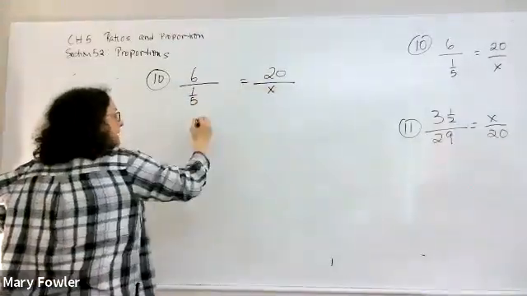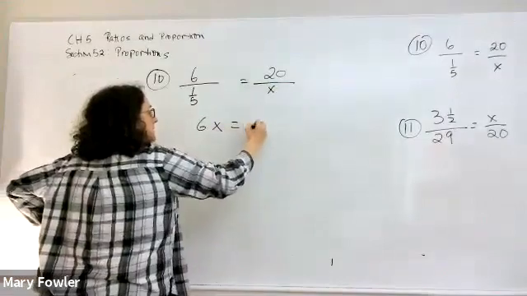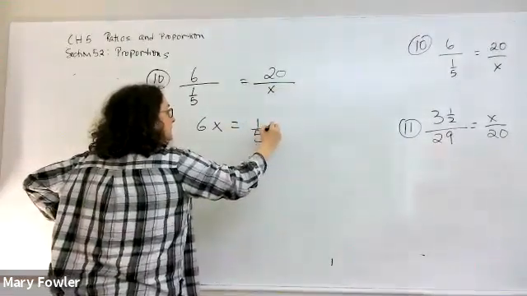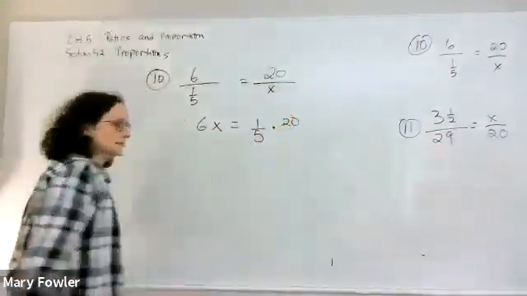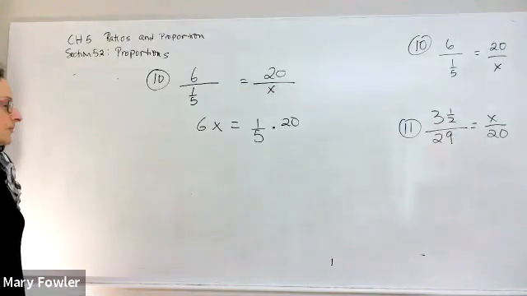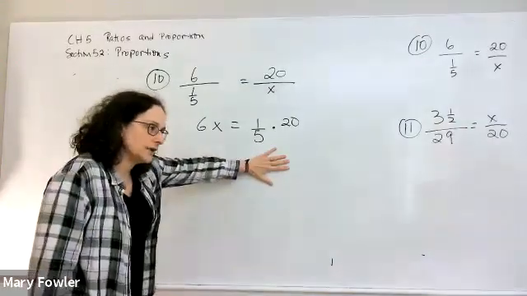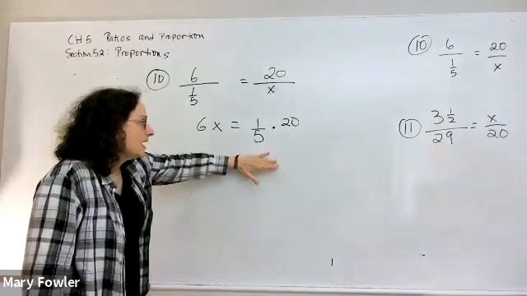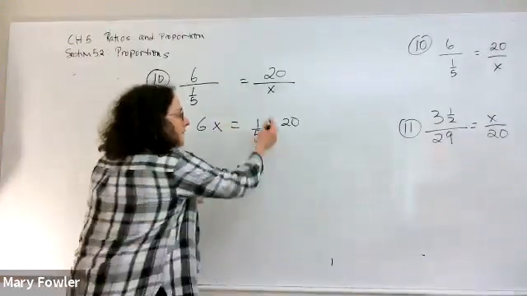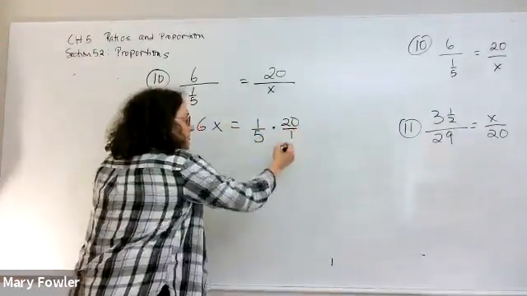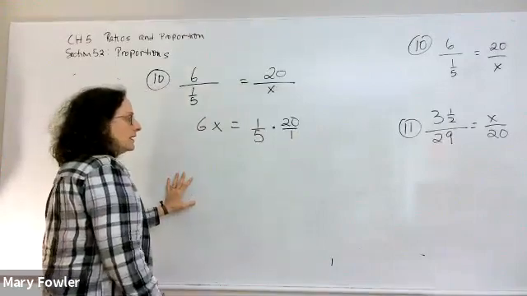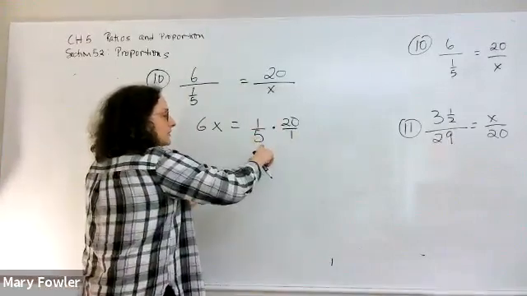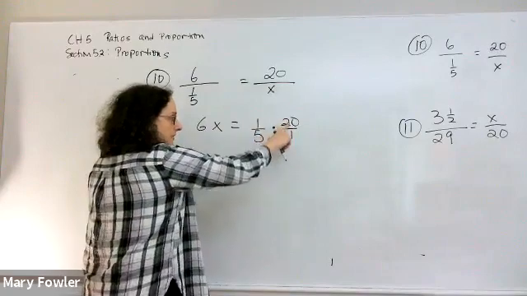So cross multiply, we get 6x is equal to 1/5 times 20. Okay, so we're going to have to work with the side here with the multiplication. And I'm going to rewrite this as a fraction multiplication. Okay, and then work through this 1/5 times 20.